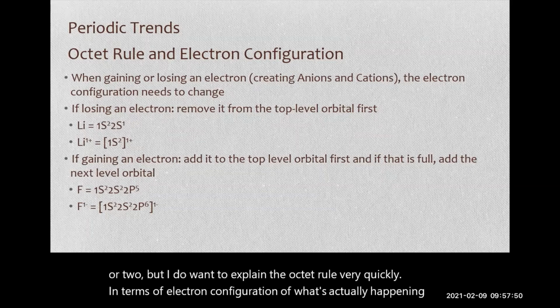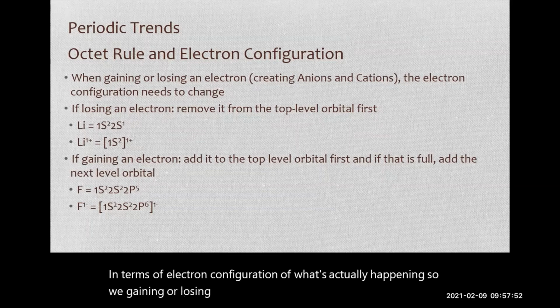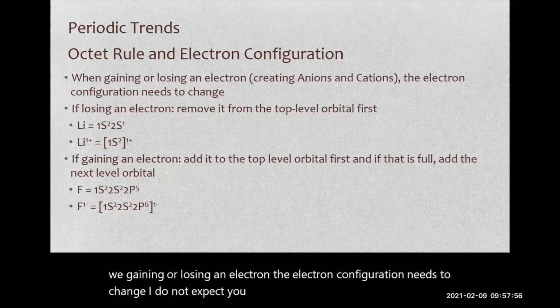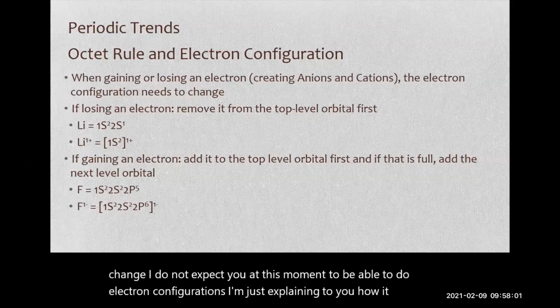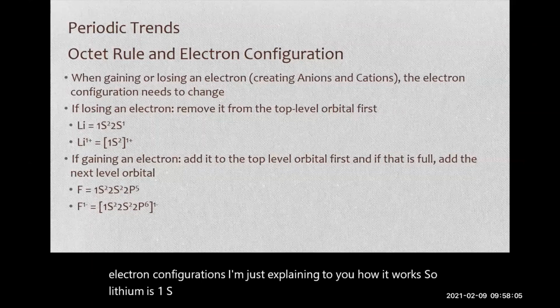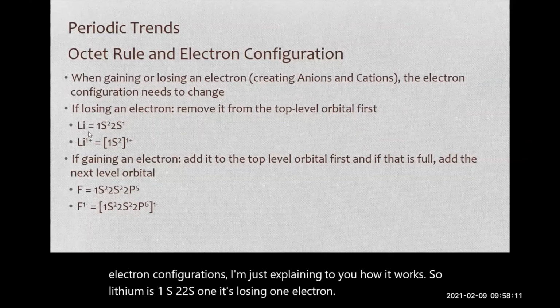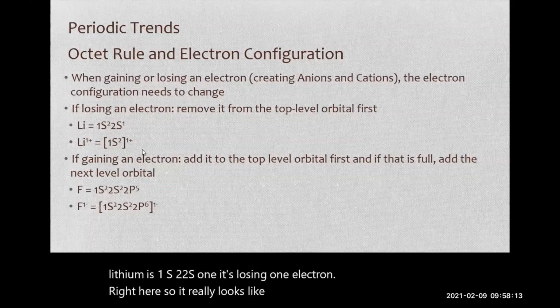So when gaining or losing an electron, the electron configuration needs to change. I do not expect you at this moment to be able to do electron configurations. I'm just explaining to you how it works. So lithium is 1s2, 2s1. It's losing one electron right here. So it really looks like 1s2, 1 plus.